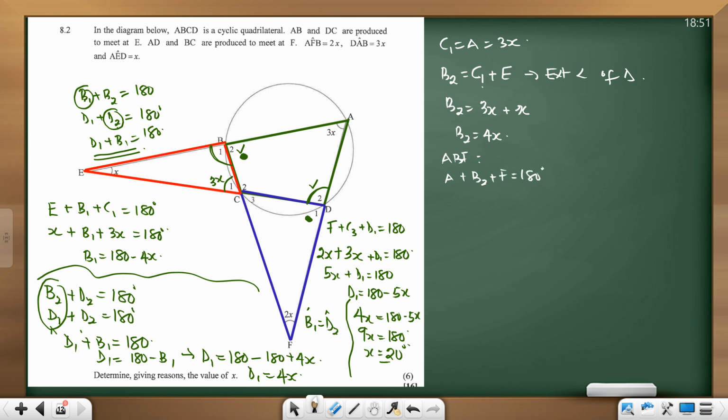Beautiful. So what's our angle A? 3x. Yes. B2 is 4x, plus 2x. All right, beautiful. So 7 plus 2, we come back to the same 9x equals 180. Beautiful. Good job. Well done, Vic.